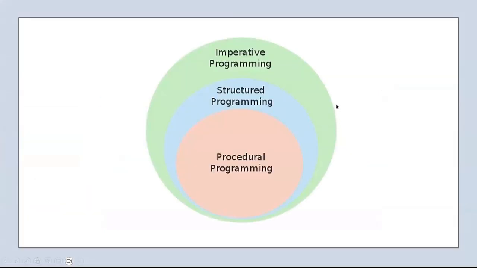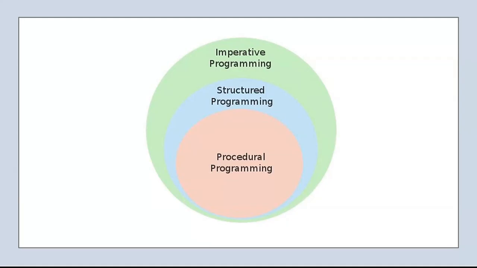So we have imperative programming, structured programming, procedural programming. Initially, we had procedural programming, which means you have function code or you go to certain code sections. Later, the idea of structured programming was introduced, which started to have selection and partition, those kinds of program structures.